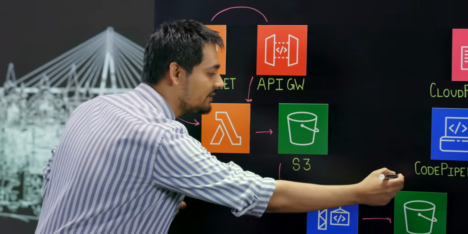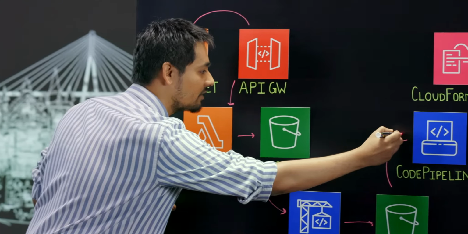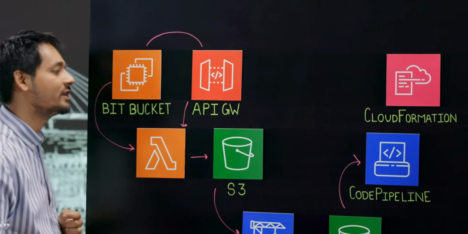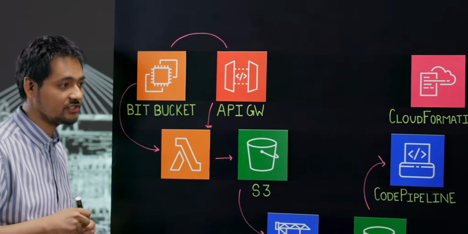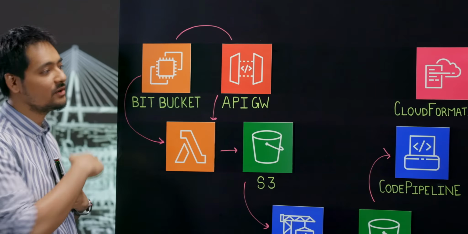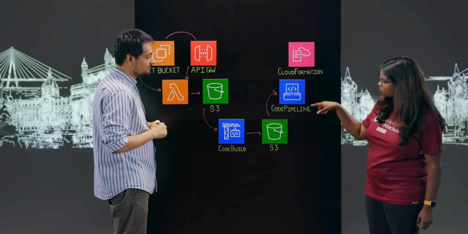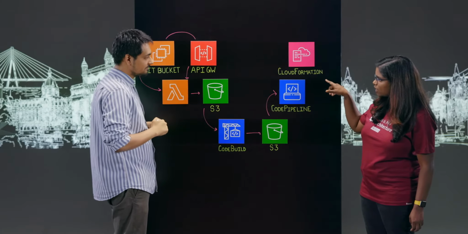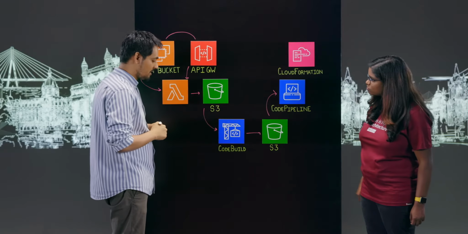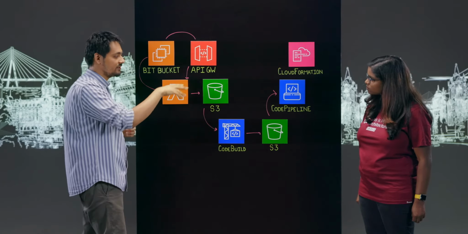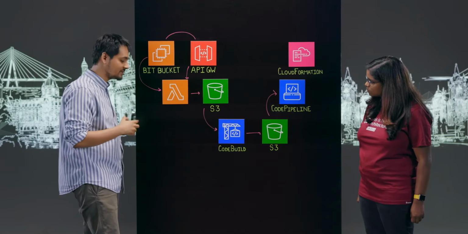Once they are in S3, a CodePipeline automatically triggers, and the CodePipeline then would apply a CloudFormation change set on a stack. And that's how a whole change is deployed in our environment. Okay, you mentioned the change sets being applied. Is there any manual intervention of approving these change sets? So there are some stacks that do not need any manual intervention in the CodePipeline phase.